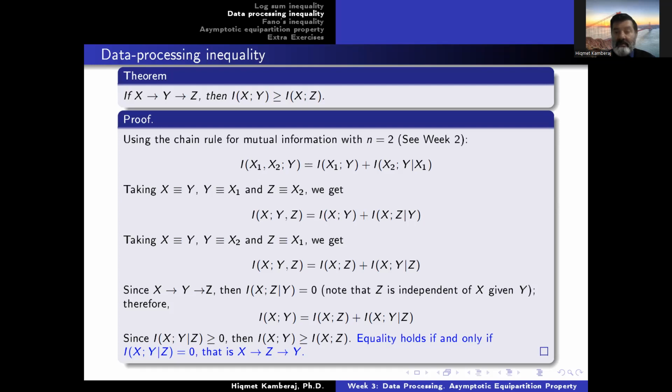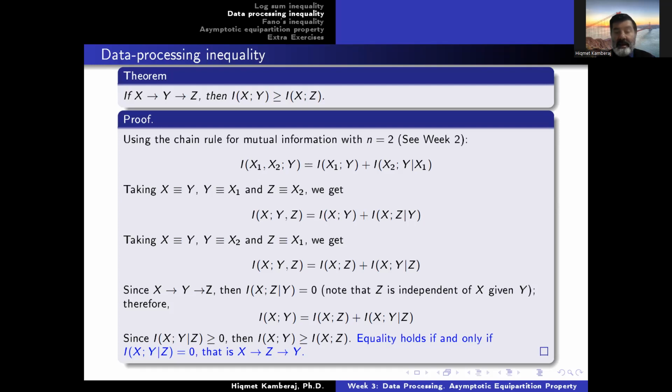Now, if in this expression we take x as y, y as x1, and z as x2, just changing the variable naming, then we arrive at this one. The mutual information between x and the pair y and z, random variables, is equal to the mutual information between x and y plus the mutual information between x and z given y.